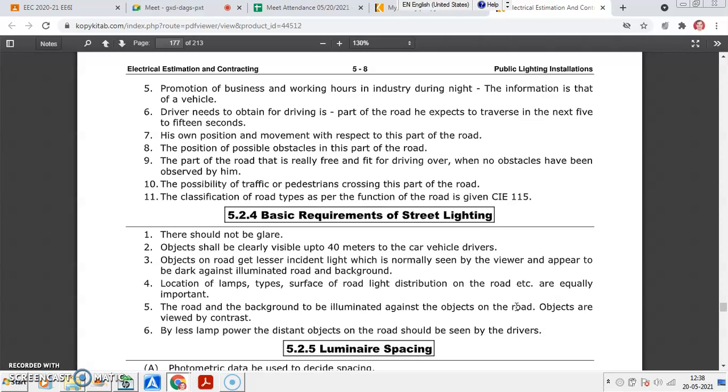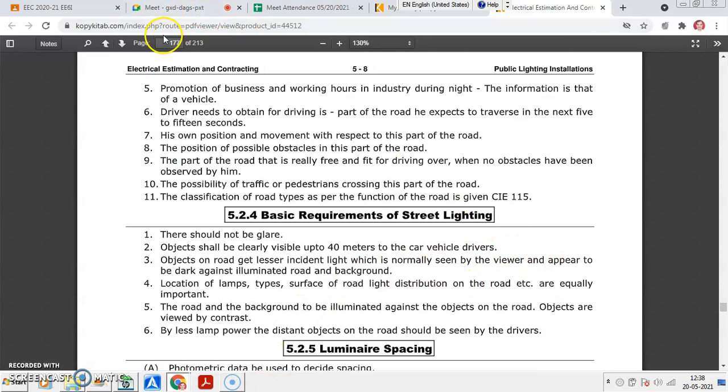You can use less lamp power with high illumination for reduction in energy consumption and boost the energy conservation. Then you may have the less power lamps that distinct the objects. Distinct the object means maybe substance and object.